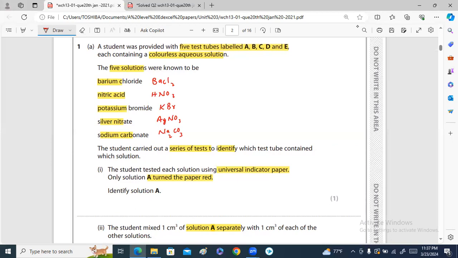According to your specification, barium ions, potassium ions, and sodium ions can be tested through a flame test. If this is Ba2+ and we do the flame test, we will see an apple green flame. K+ will produce a lilac flame. Na+ in the flame test will produce a yellow flame.